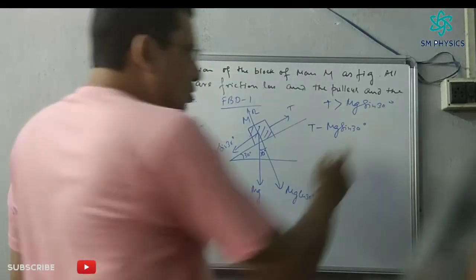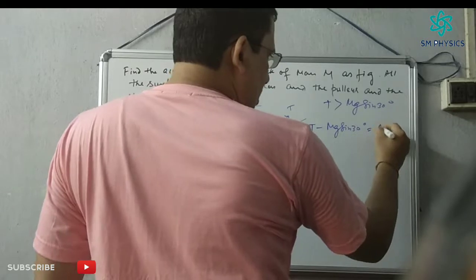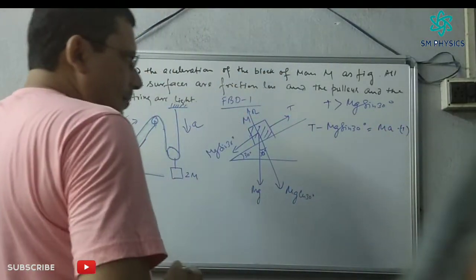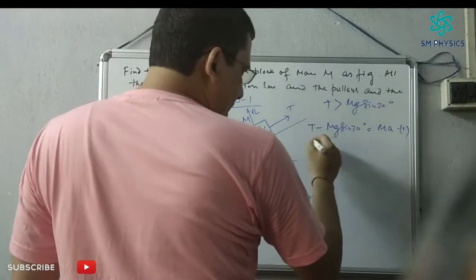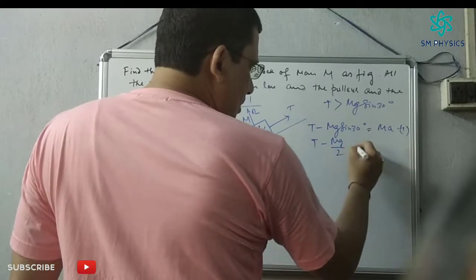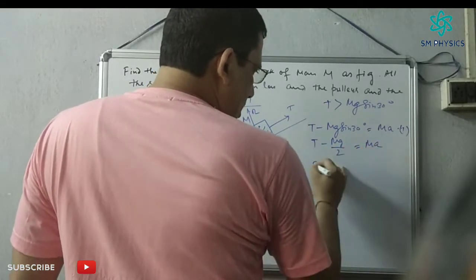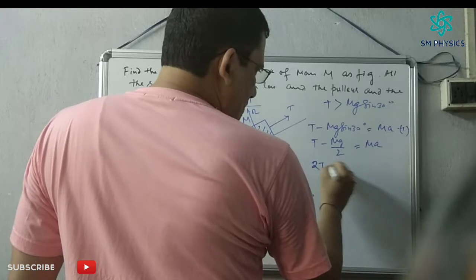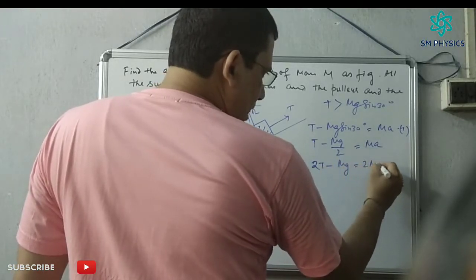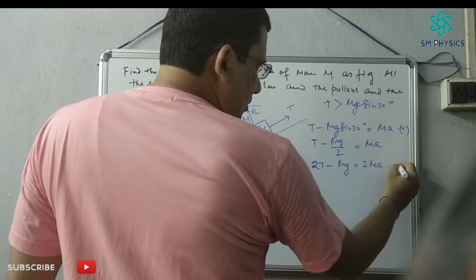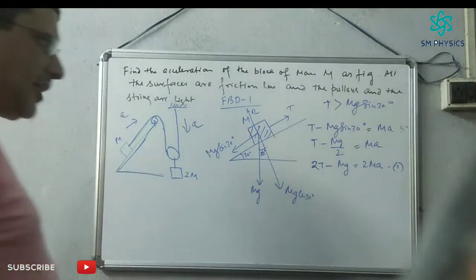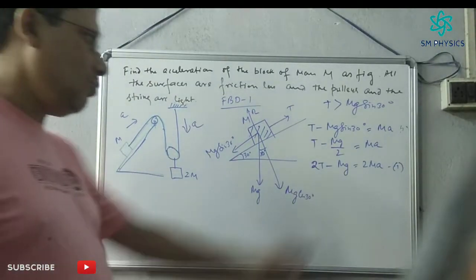So that is equal to ma. This is equation number 1. Now I simplify: T minus mg, sin 30 means half, is equal to ma. Now 2T minus mg is equal to 2ma. This is the final equation you can write.